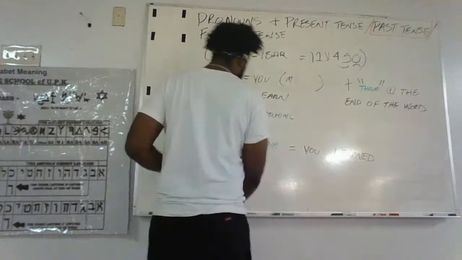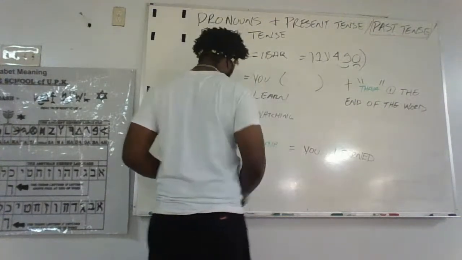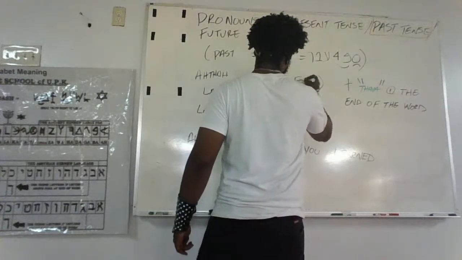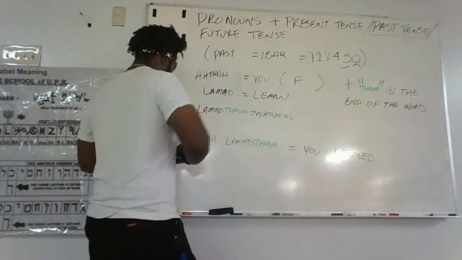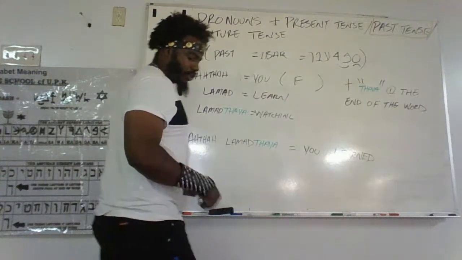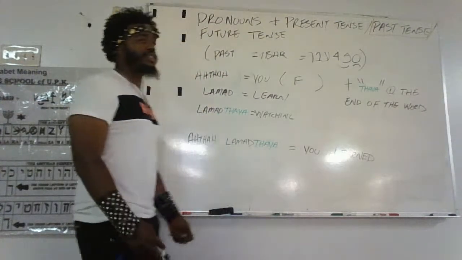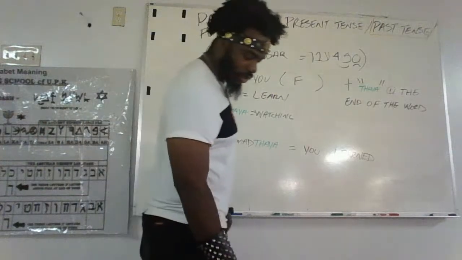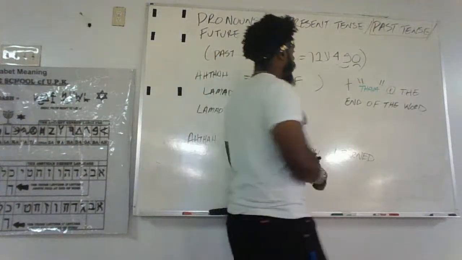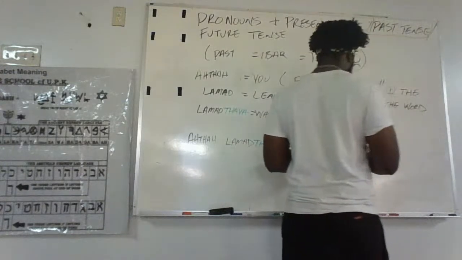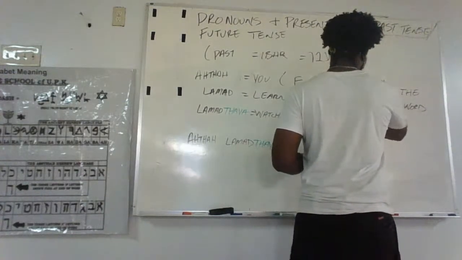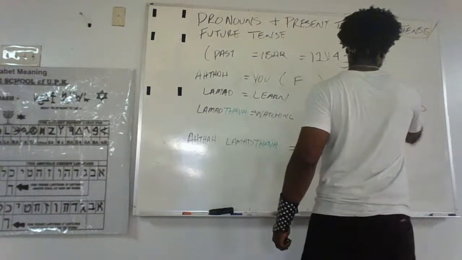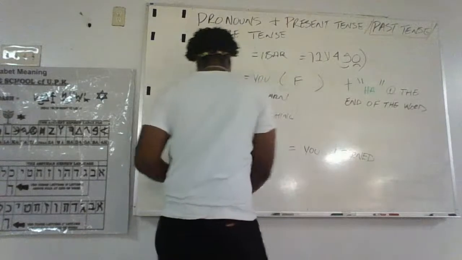Now we're going to do the feminine tense of atha, right? So just like when we're doing present tense, what's going to be at the end is going to change, all right? So when it's feminine, all right, you're going to add a ha at the end of the word, okay?